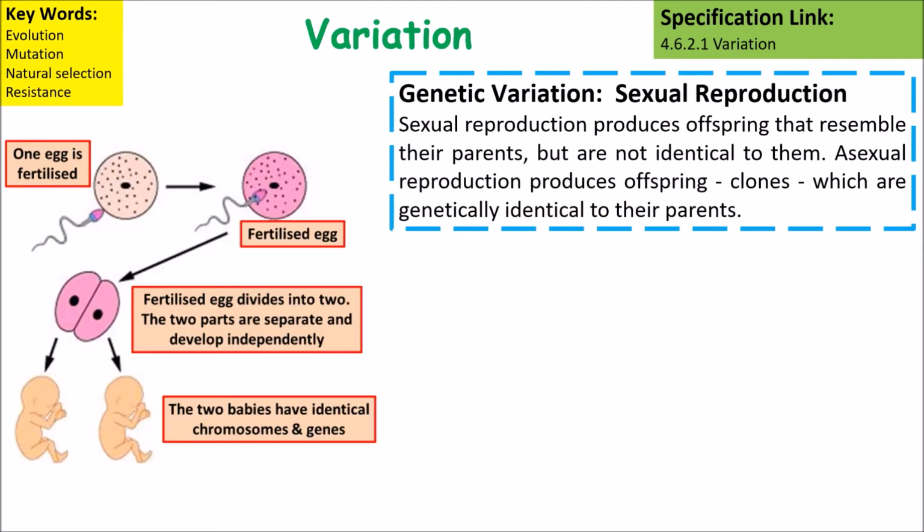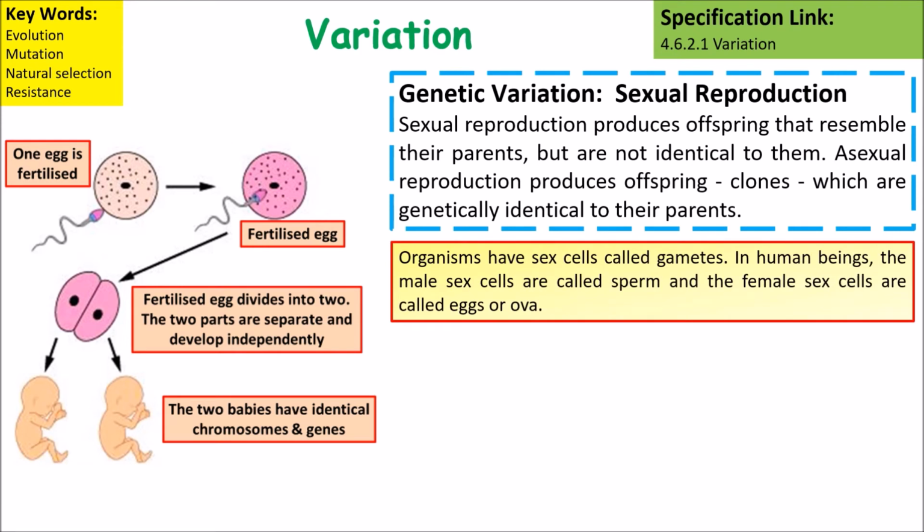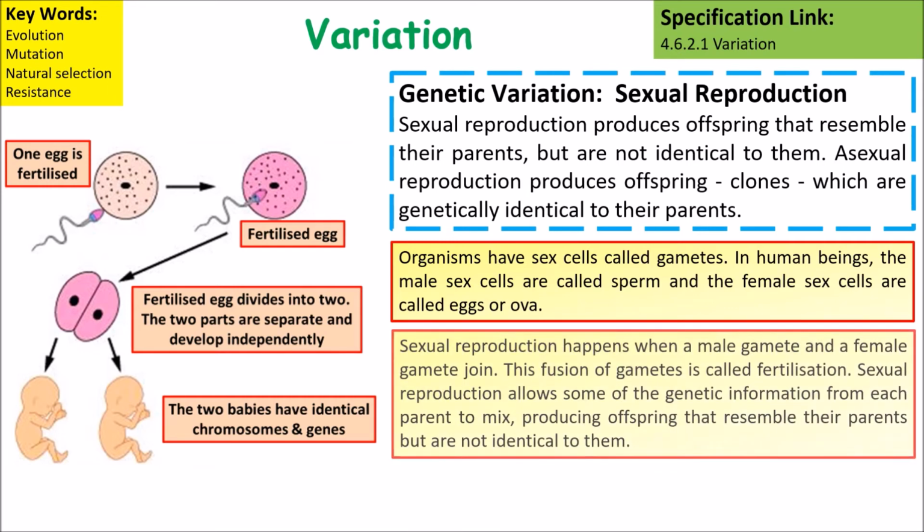Sexual reproduction produces offspring that resemble their parents but are not identical to them. Asexual reproduction often produces clones which are identical to their parents. Organisms have sex cells called gametes. In human beings, in a male that's a sperm cell, and in the female that would be an egg cell or ova.